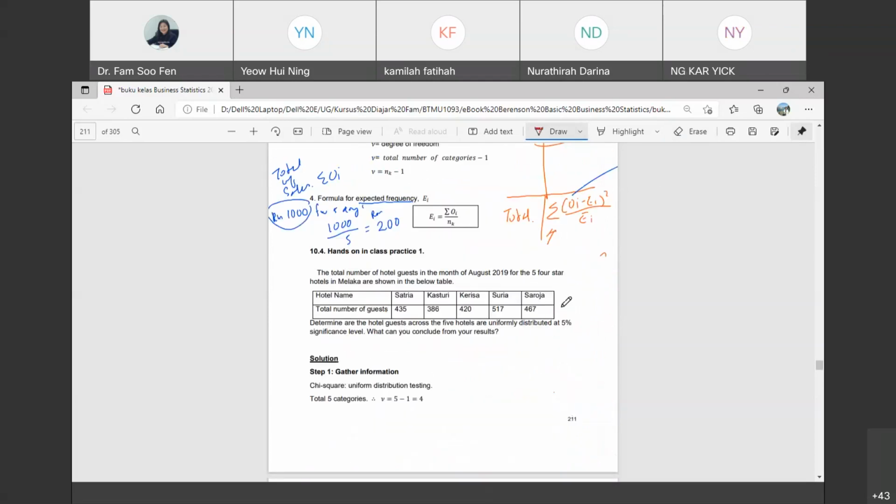Doctor, can I do it in Excel because I don't have paper? Yes, can. Thank you, Doctor. Again, you must show the data and you must show the formula. You must have both, because that will be your working.